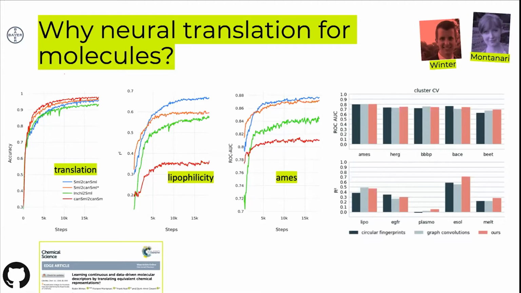But if you, on the other hand, take a more complicated one, the blue one depicted, where you translate between a SMILES and a canonical SMILES, then you see that the translation is much, much harder for the network. But if you again take this representation learned by the translation task, then you see that the performance of the underlying predictor is much better. We showed this for classification and regression tasks, and also for a bunch of other tasks.